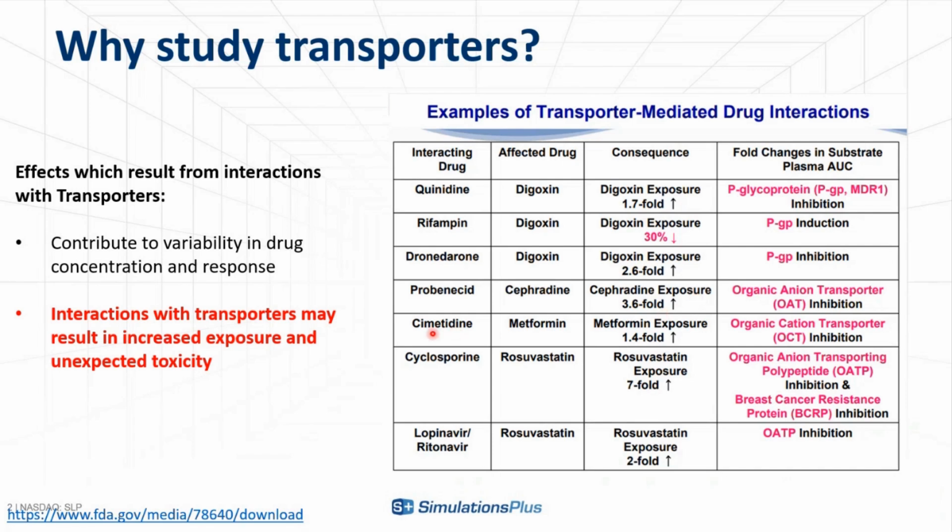So the interaction with transporters can result in increased exposure in some cases, and in other cases, in decreased exposure to a compound. In the case of increased exposure, you may see some increased toxicity, and in the case of decreased exposure, it just may be lesser efficacy of the compound under study.